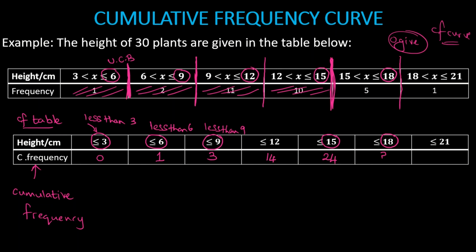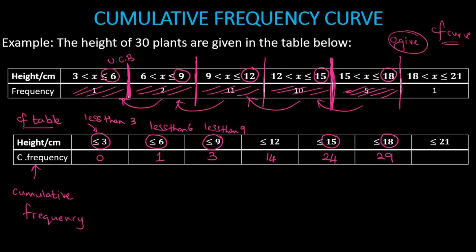To obtain this CF, we have to add 5 with the previous frequencies. Right? So 5 plus the previous ones was 24. So 5 plus 24, 29.